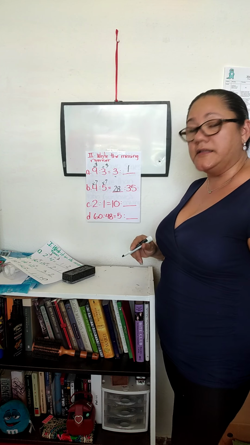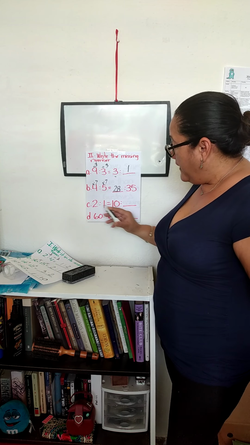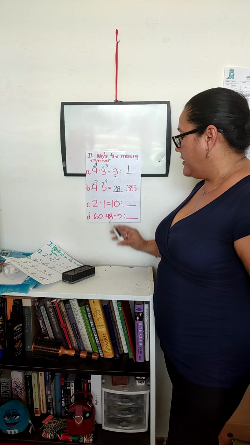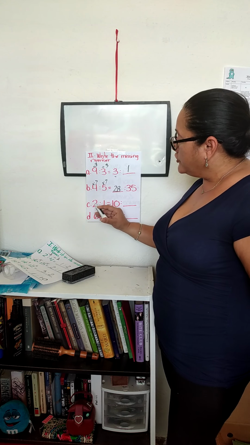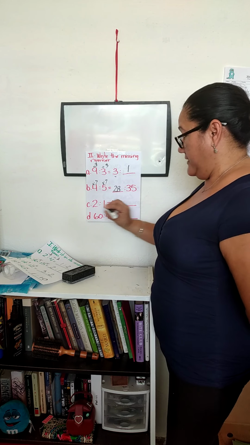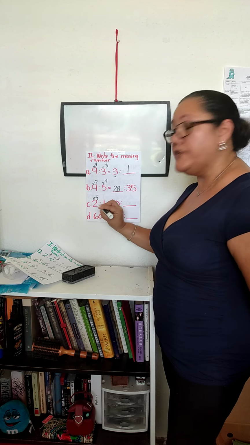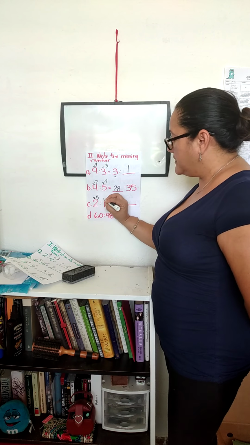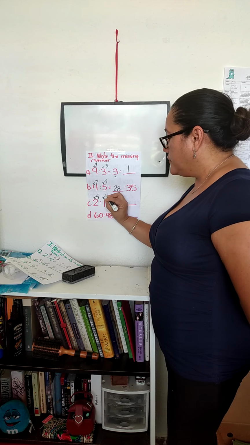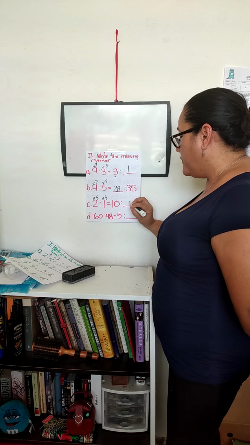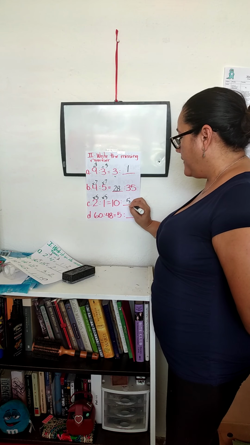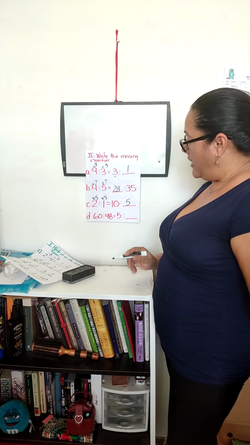Okay, now let's see the next one. I have 2 ratio 1, and I have 10. So 2 times 5 is 10. Whatever I do to the first number, I have to do to the second number. So 1 times 5 will be 5.